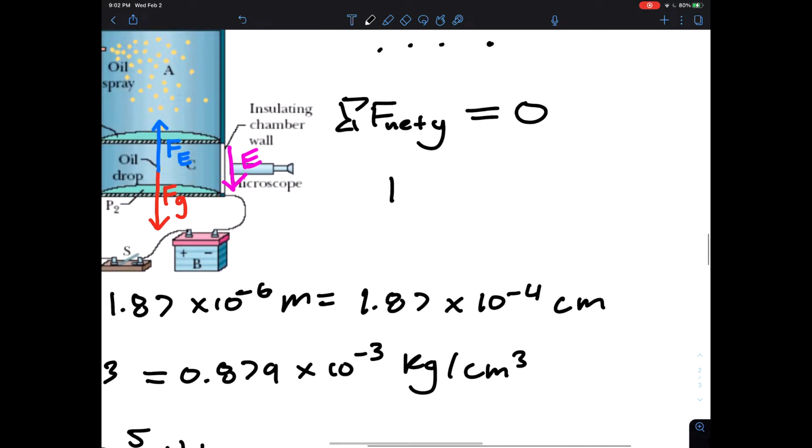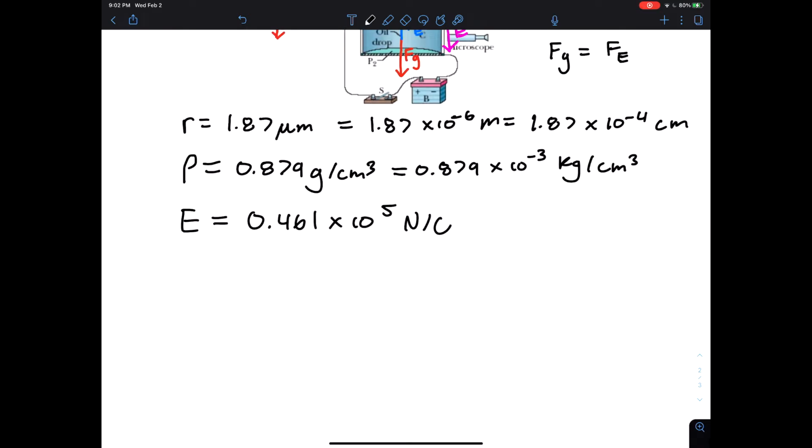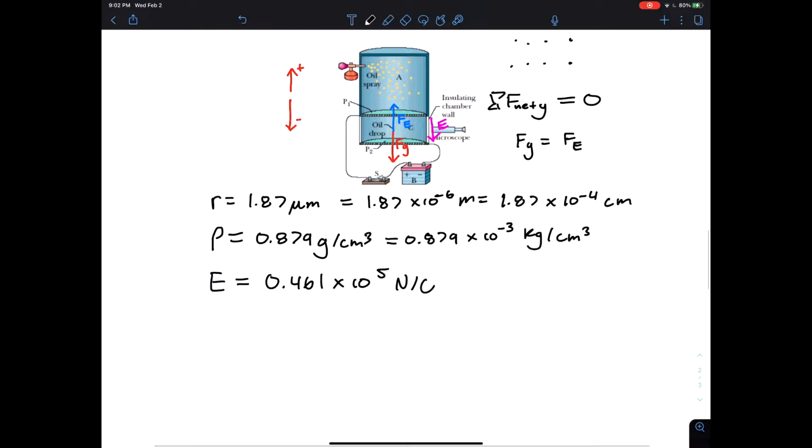So with that said, that means our Fg equals Fe, so our force of gravity is equal to our electrostatic force, which is really nice because now we can write a few things down.